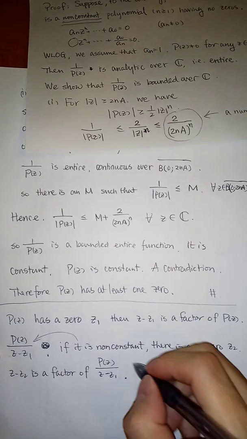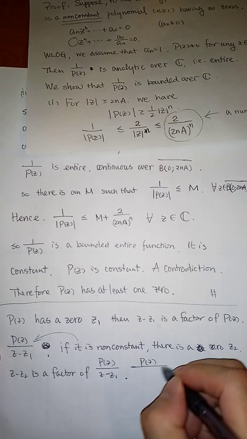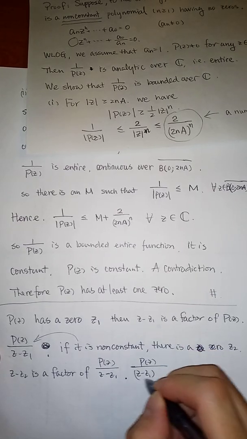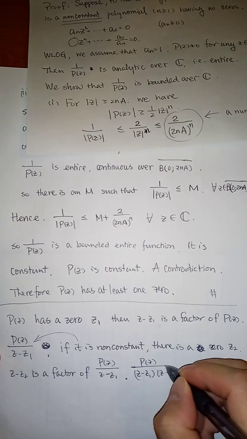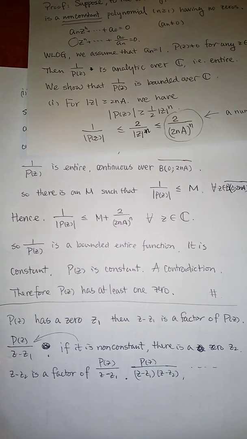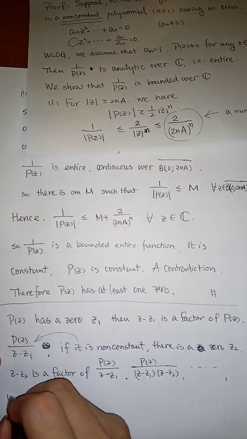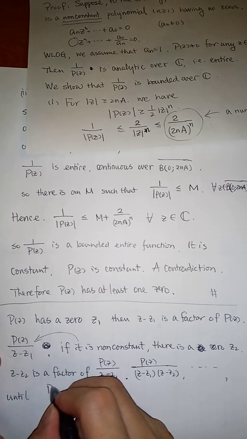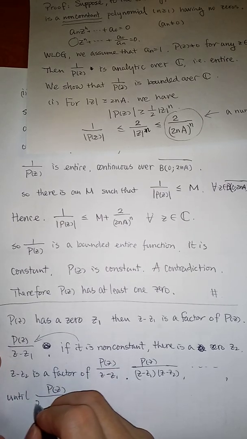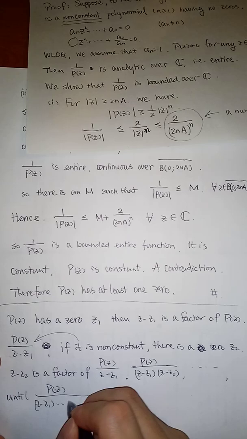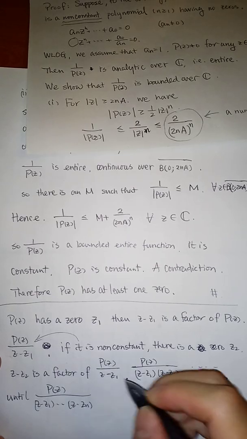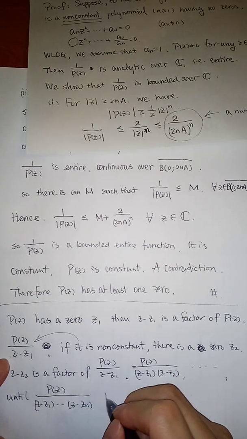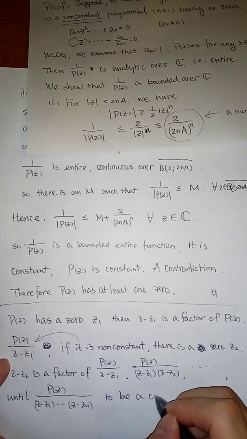And then you study p of z over z minus z1, z minus z2. You continue until p of z over z minus z1 through z minus zn is a constant.